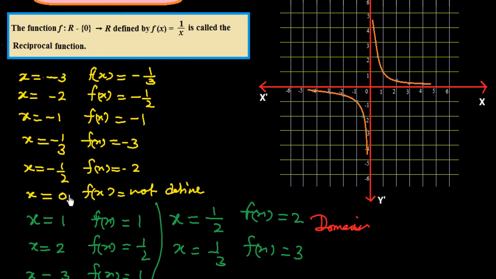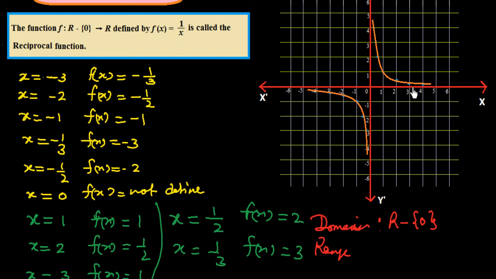We have seen that x equal to 0 is not defined. So the domain is R minus 0. About the range, you see the range is also not equal to 0. If we put any number, we won't get 0 here.